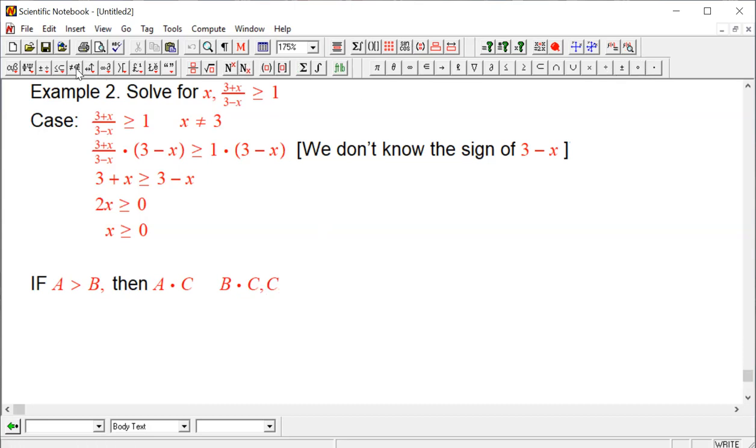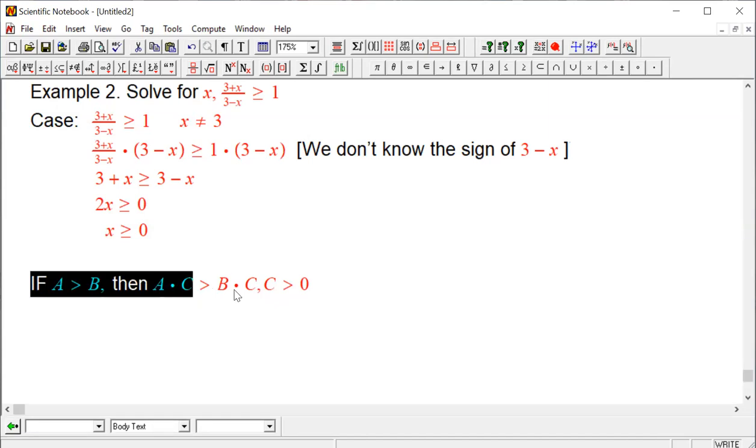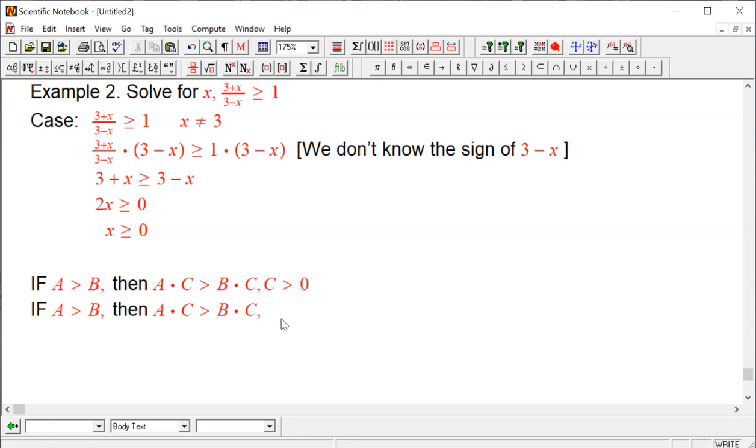C cannot be 0. But we have to separate the two cases. If C is positive, then the direction stays the same. But if C is negative, what happens? If C is negative, this inequality has to change direction.